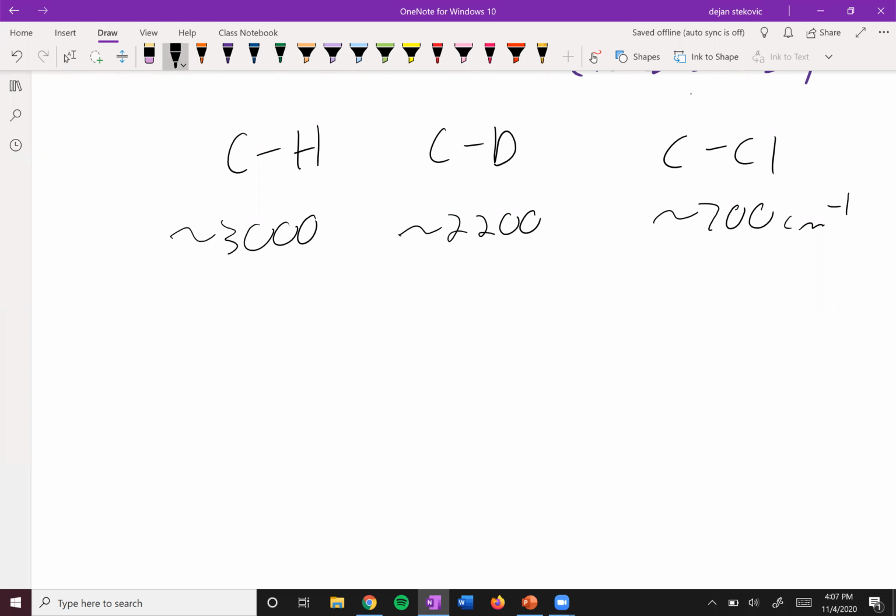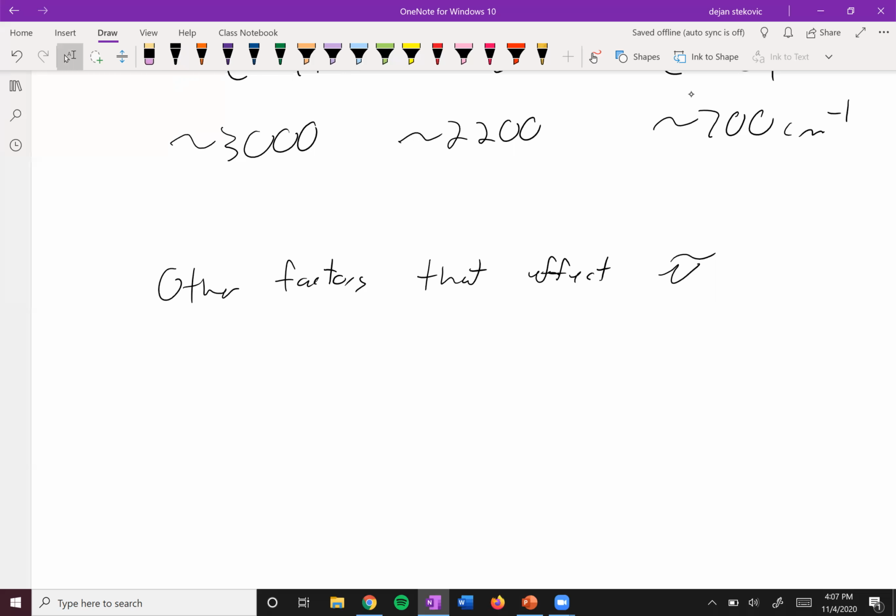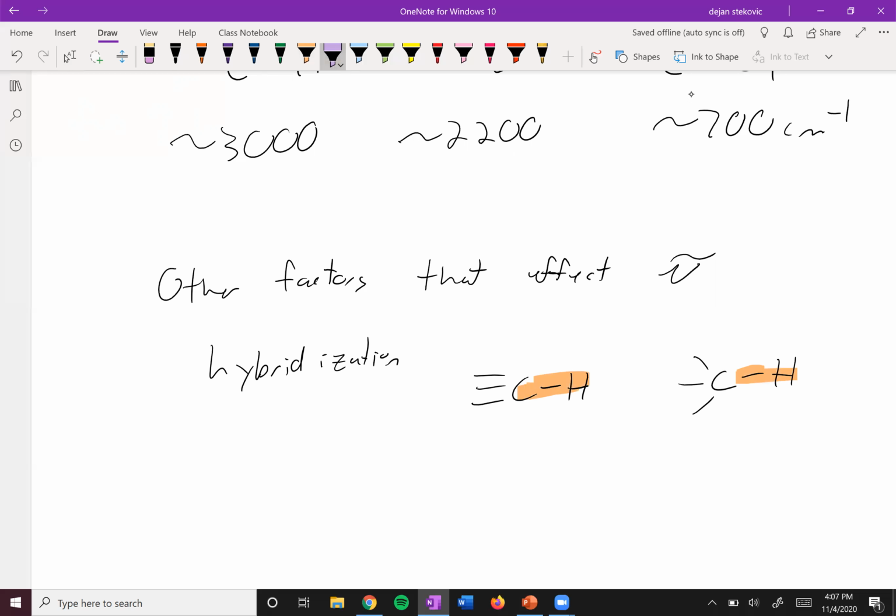There are some other things that affect this. And again, this isn't too important. I just want to point it out. One is hybridization. We'll see this effect later on, right? If we have this CH triple bond or this CH single bond, they're both CH bonds, but the hybridization of this carbon differs.